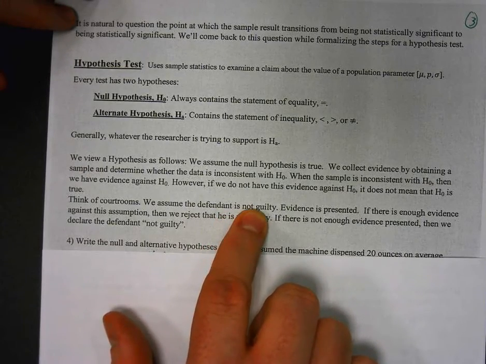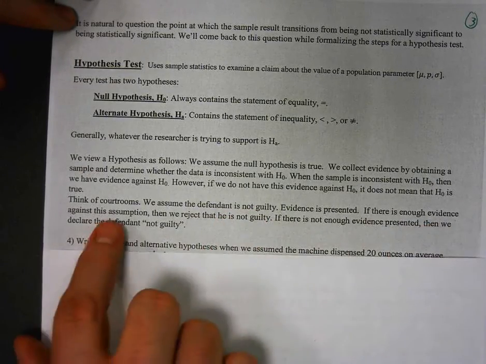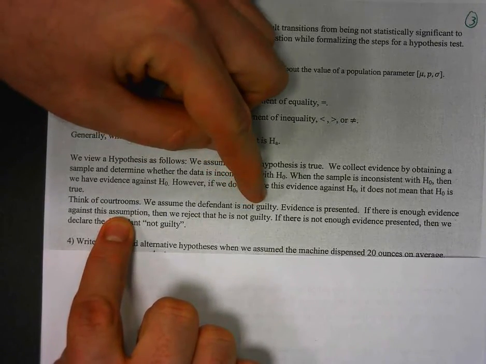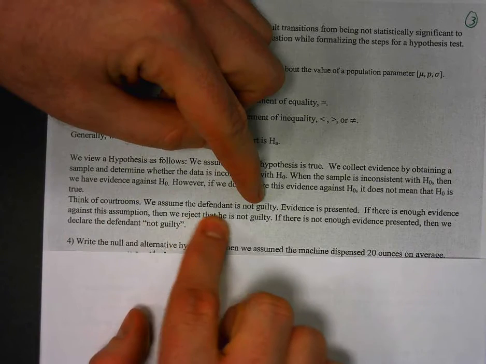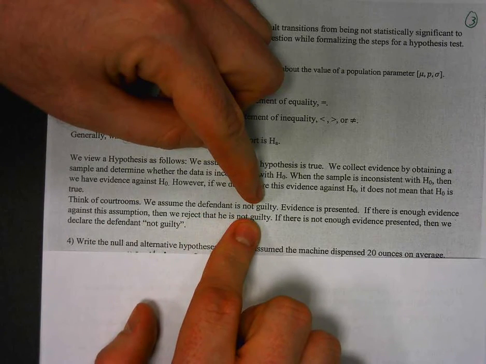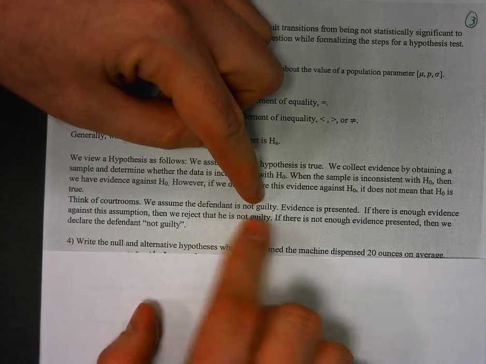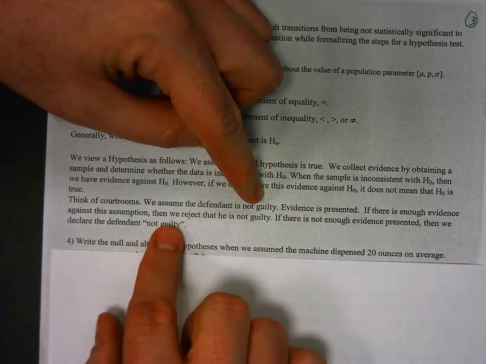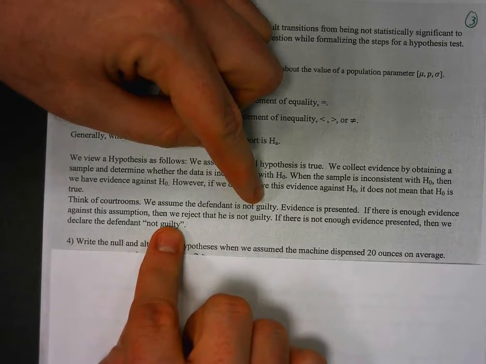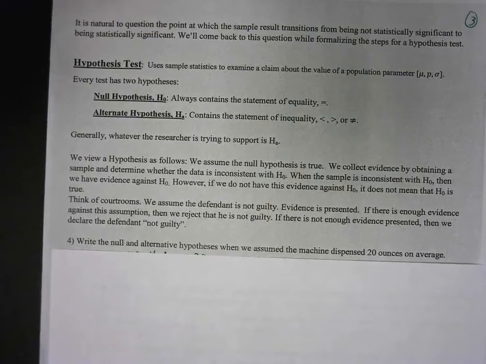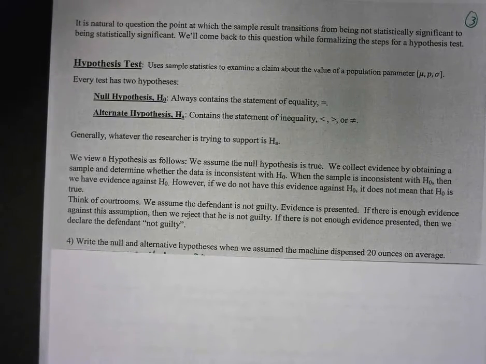If there's enough evidence against not guilty, then we reject that he is not guilty, which means we're going to say he's guilty. If there's not enough evidence presented, then we declare the defendant not guilty. If the evidence says that we can't say that he is guilty, then we would say he's not guilty.